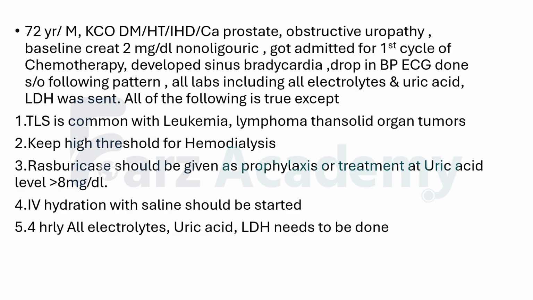He developed sinus bradycardia, drop in blood pressure, ECG done, suggestive of the following pattern. You consider here ECG showing sine wave pattern, or maybe there is a broad QRS, prolonged PR interval, hyperacute T wave like pattern.